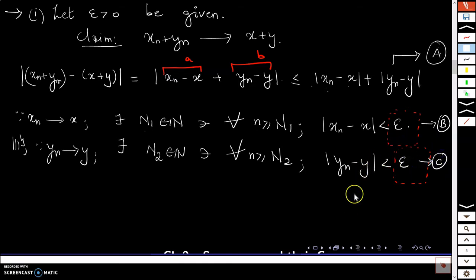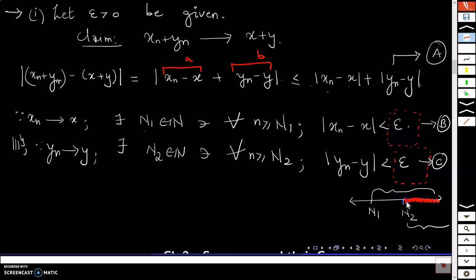Now if you see the statement B, that works for all the natural numbers which are bigger than or equal to n1. It works for all these numbers. And if you look at C, that works for all natural numbers which are bigger than or equal to n2. That is these numbers. Now I want one natural number such that both the conditions will work for natural numbers bigger than that natural number. Right? So we have come across such situations before, and we have seen that we pick up the maximum of these two.